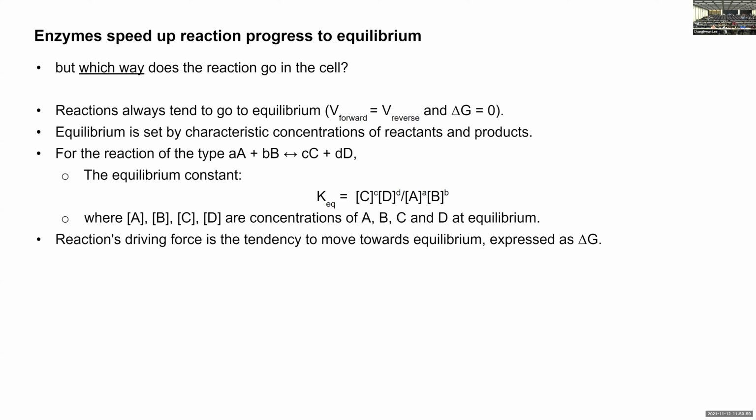Equilibrium is driven by the equilibrium constant, which is defined as the ratio of the concentration of products to the concentration of reactants. If we consider this general form of the reaction, A and B react to produce C and D with different ratios, little a, b, c, and d, then the Keq, the equilibrium constant, would be the ratio of C and D concentration over A and B concentration.